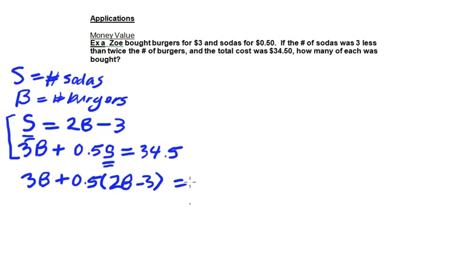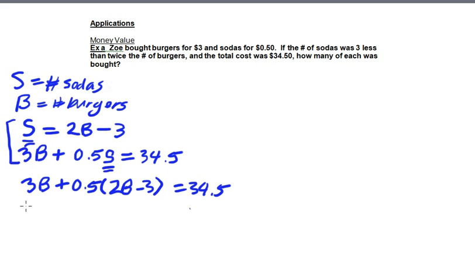is equal to $34.50. Now simplifying the equation, we've got 3b plus 0.5 times 2b, so 0.5 times 2 is going to give us 1b, which we can just write as b, minus 0.5 times 3 is going to give us a negative 1.5, is equal to 34.5.